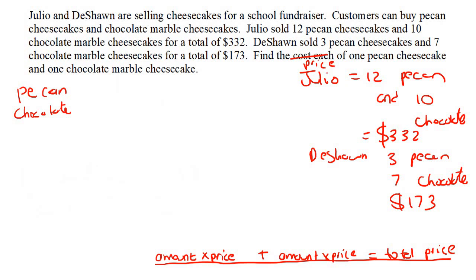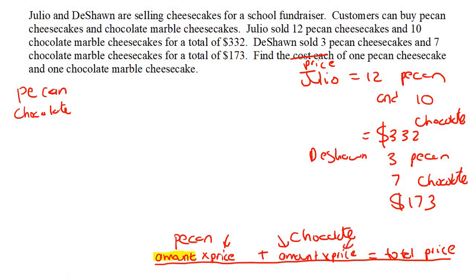Okay, so we're going to use this little formula that we've just made down here now. Let's say that this will be for the pecan, and then this would be for the chocolate. What we need to do is find the amount of pecans and the price. We don't know the price. That's an unknown. And then the amount of chocolate and the price of chocolate.